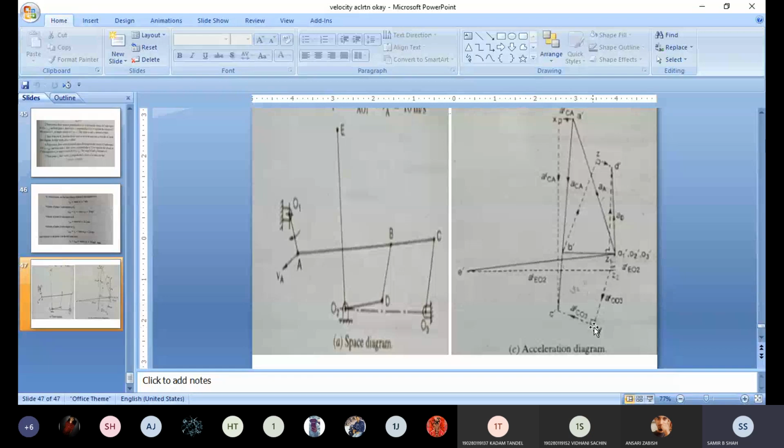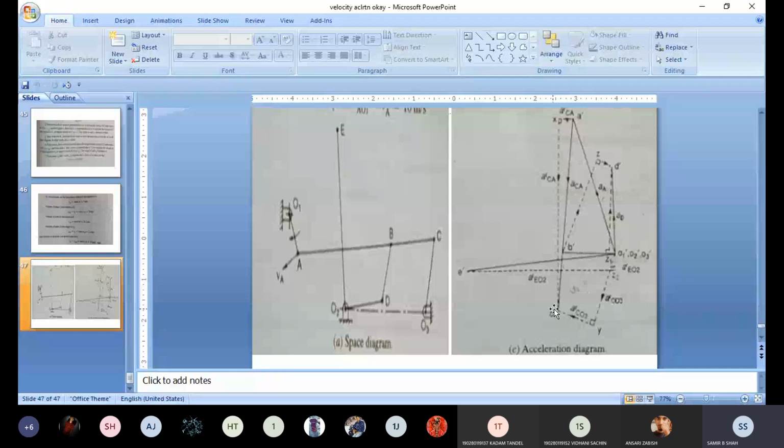Now from point Y, draw a perpendicular line to O3C, extending it with the roller scale from point Y up to y c dash.